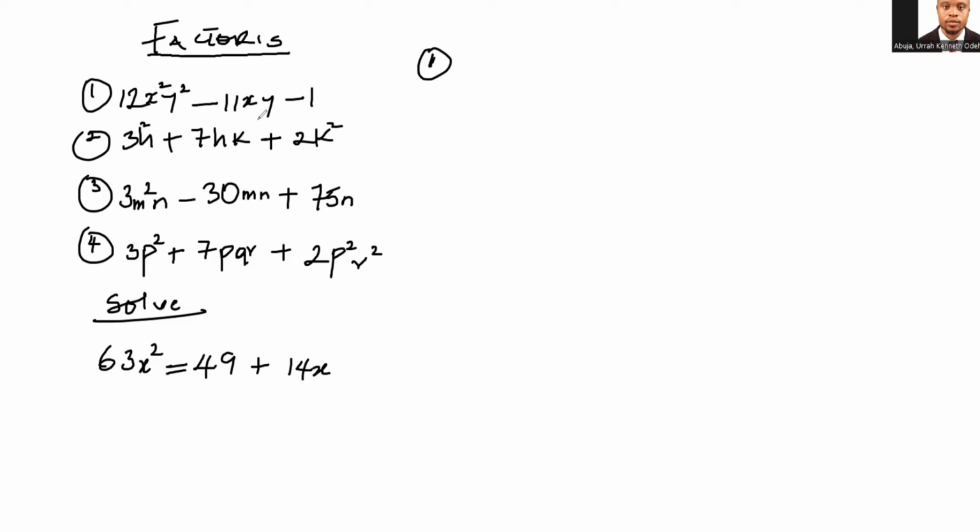So the first question is 12x squared y squared minus 11xy minus 1. Now, these are the few questions we'll ask ourselves. What are the factors of this? And what is the factor of this?